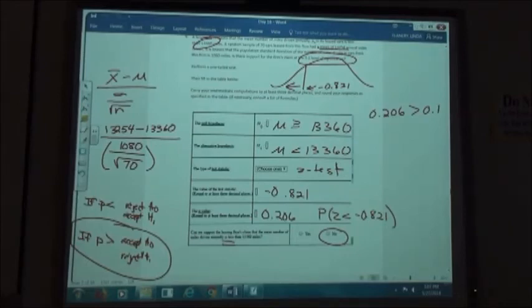Yeah. We'll put a number in there. It just doesn't like to be blank. So, the mean number should be the 13,360. The X bar number is the 13,254, right? The standard deviation is the 1,080. And then the N number is the 70.